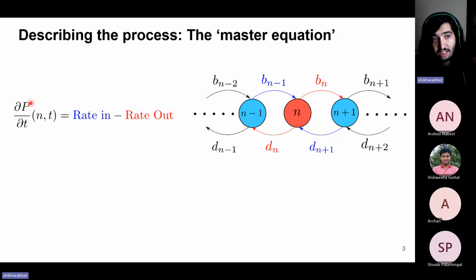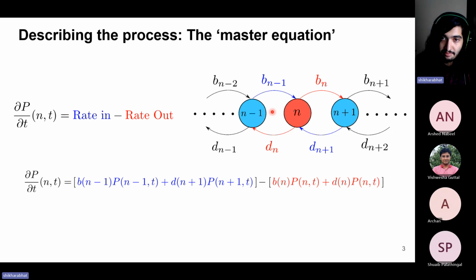And then say that dp by dt, the rate of change of probability of being in this state, is rate of outflow times probability of finding this state subtracted from rate of inflow times the probability of finding all the inflow states. Mathematically, it looks like this.